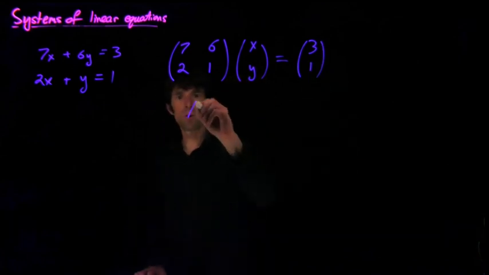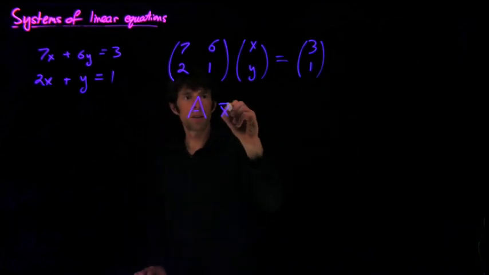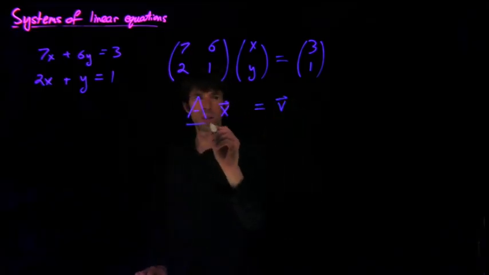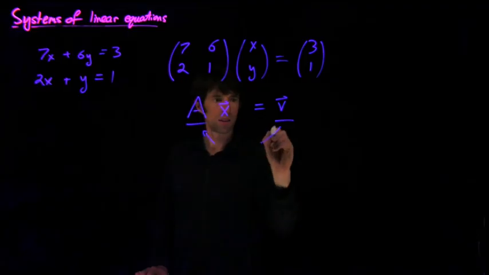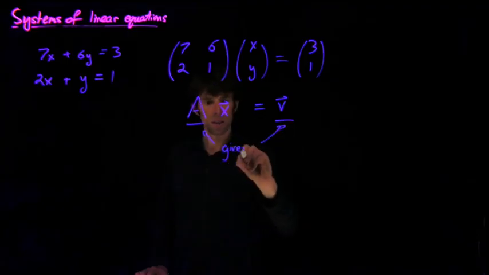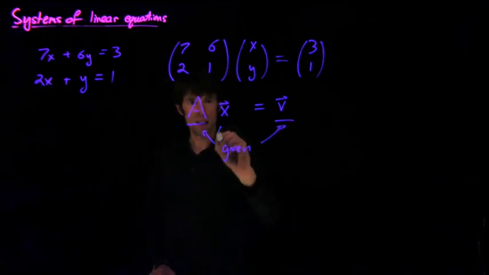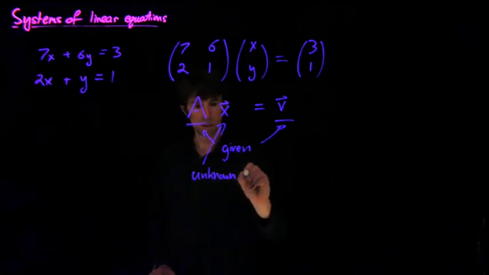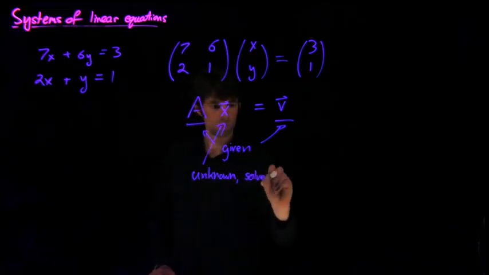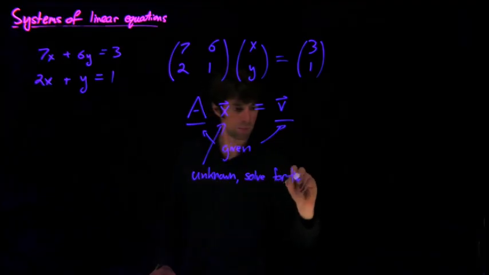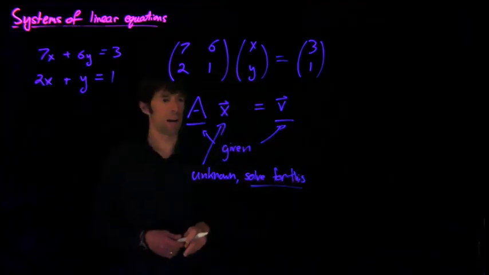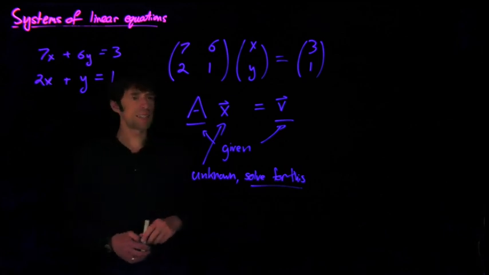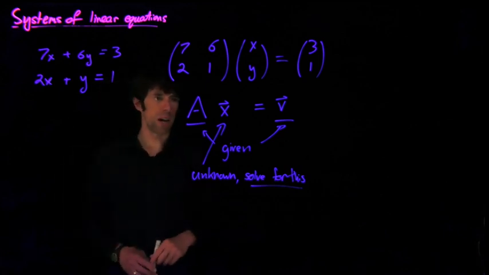So this is something of the form matrix times vector equals vector. The matrix and the vector are given. We've got numbers there. And the x here is the unknown. So we want to solve for x. OK, so that's the basic setup. Now let's think about what's involved in solving for x.